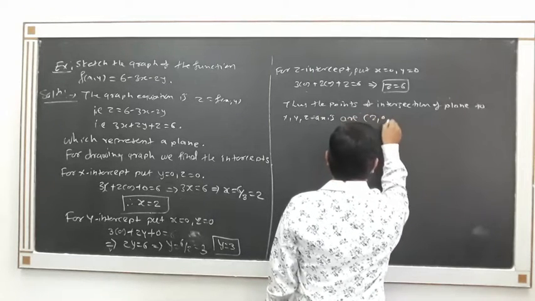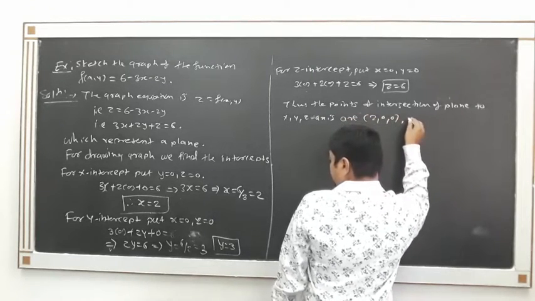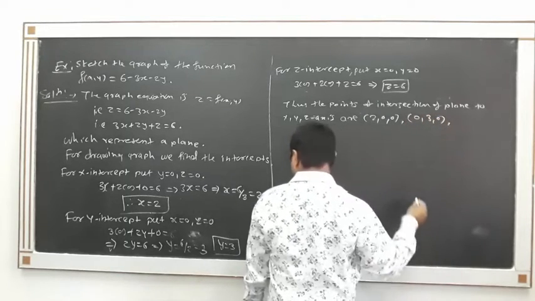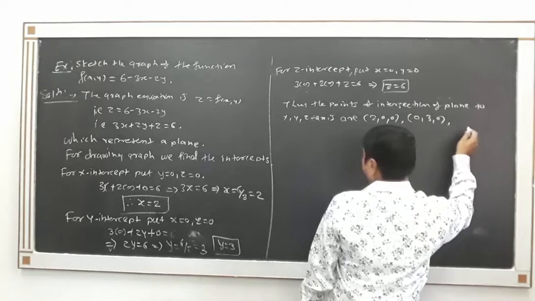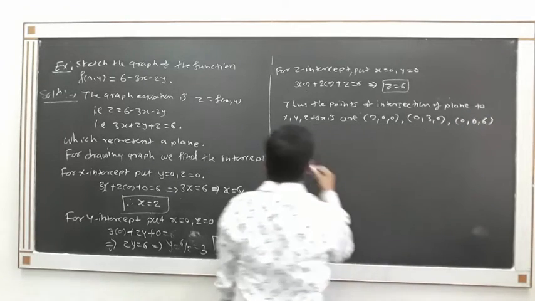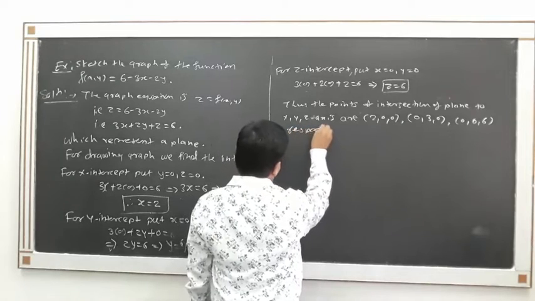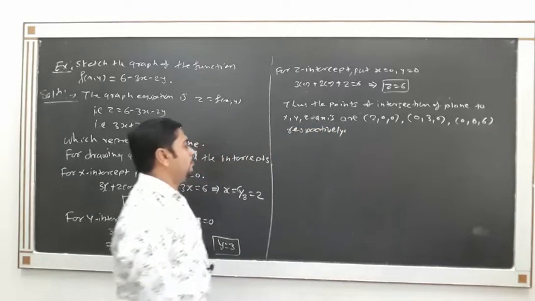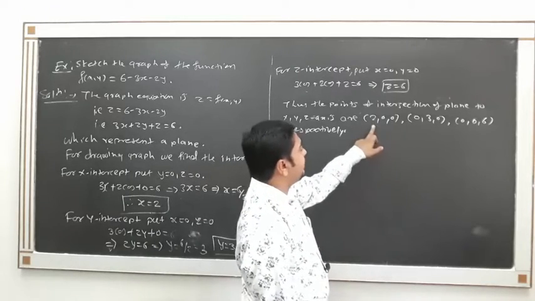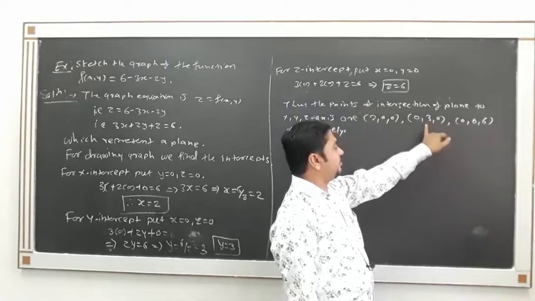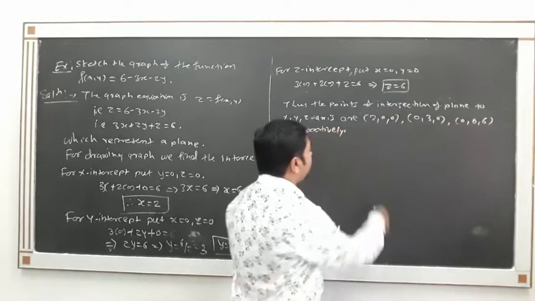Point (2, 0, 0), then (0, 3, 0), and then (0, 0, 6) respectively. Okay, so the plane intersects the x axis at this point, the y axis at this point, and here this is the z axis.